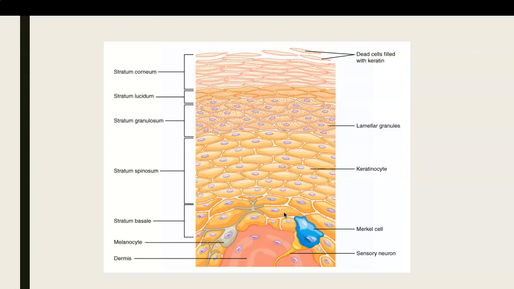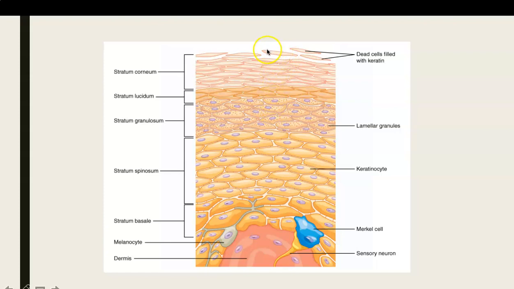These cells are stem cells, constantly going through mitotic divisions and producing the other keratinized cell types above. These cells are going through constant mitotic divisions and producing new cells that get pushed upward through the layers of the epidermis.